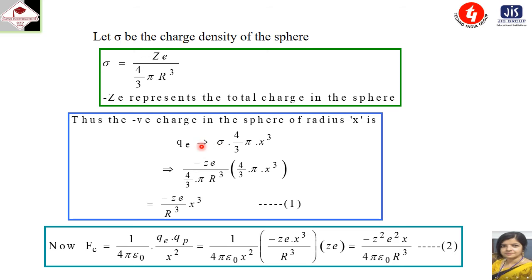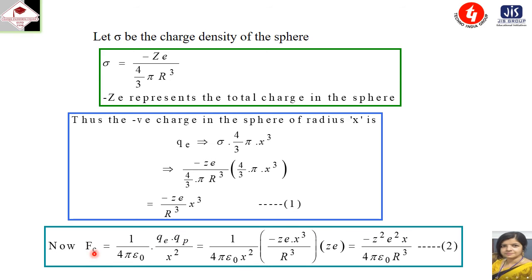Now the value of sigma we are putting, that is minus Zd by 4/3 pi r cube, into 4/3 pi x cube. From this step we get minus Zd by r cube into x cube. That is our equation number 1.